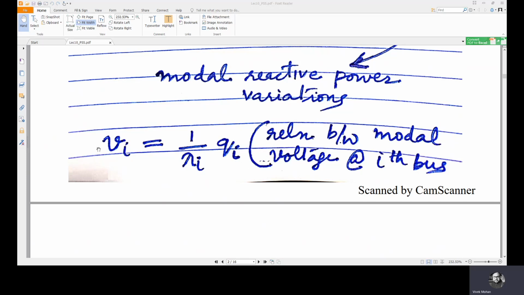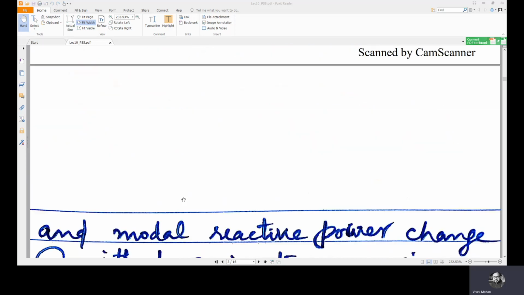So if lambda I is small, the sensitivity is more, so the stability margin is less. It's nearer to the unstable point. So that is about the magnitude of lambda I, and the sign of lambda I basically defines the region itself, whether it is stable or unstable.